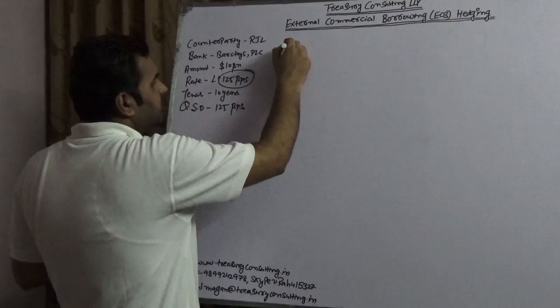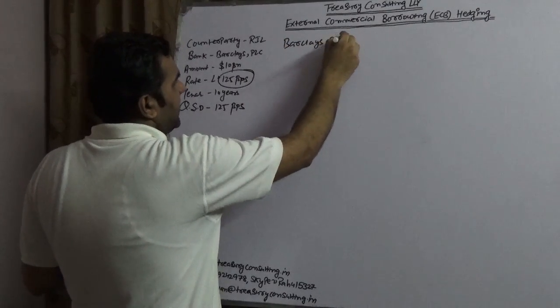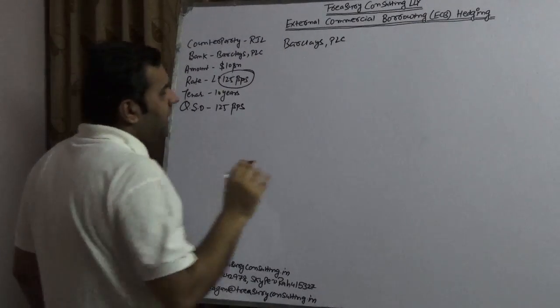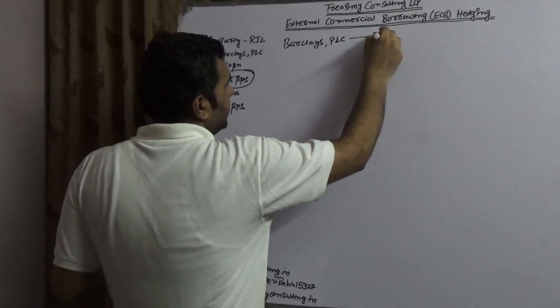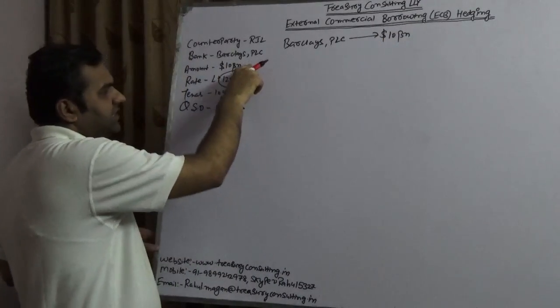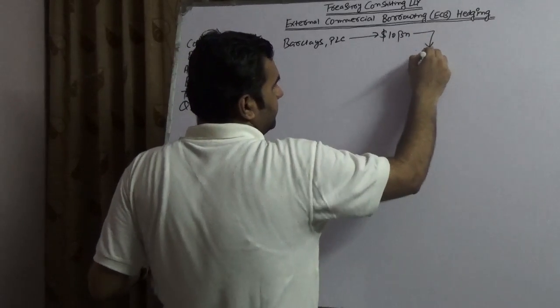You have Barclays PLC, in which the deal is actually done, a European bank. And it is going to refer the $10 billion loan for funding, which we mentioned here, to its sub-account, which is Barclays India.